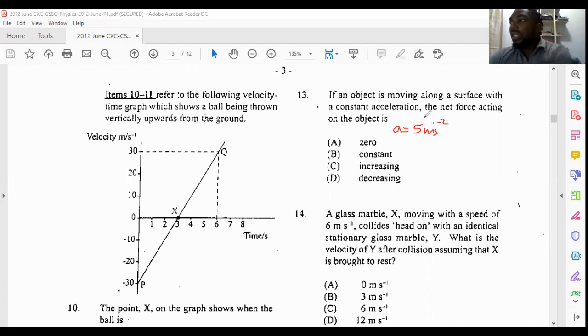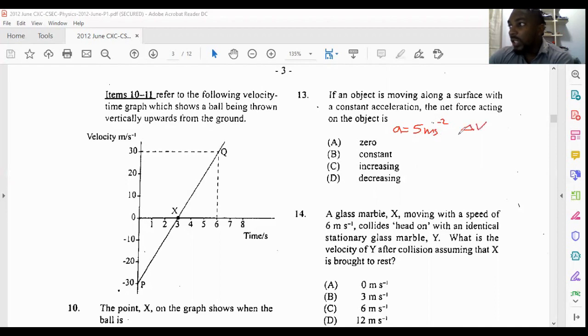Good? So we're saying now it has a constant acceleration, let's just say 5, and the net force acting on the object is, right, so it means that there is a force acting causing it to change velocity. Now, acceleration occurs when there is a change in velocity.